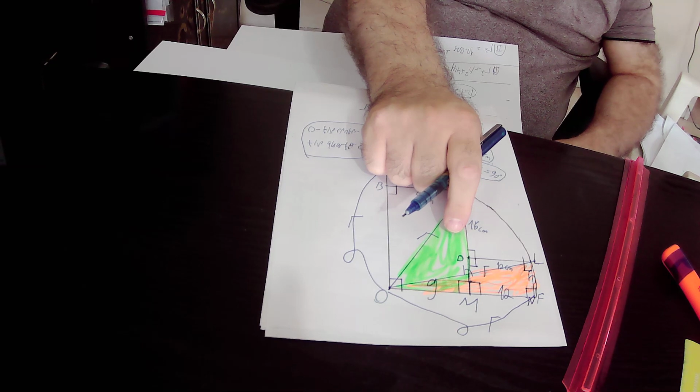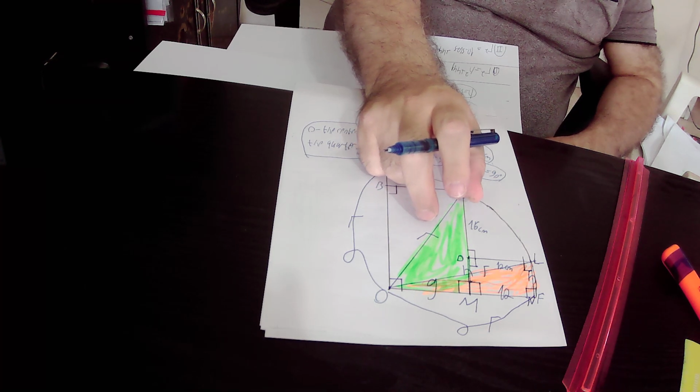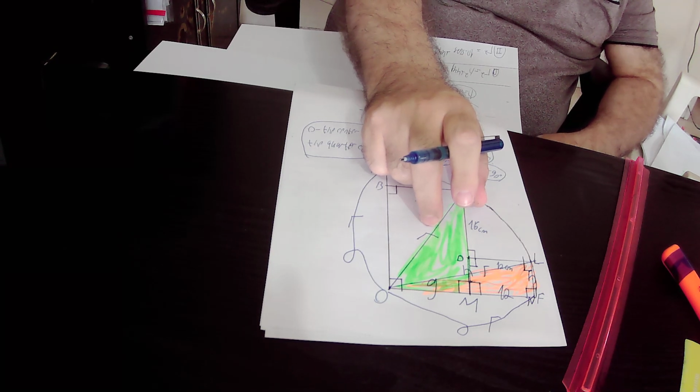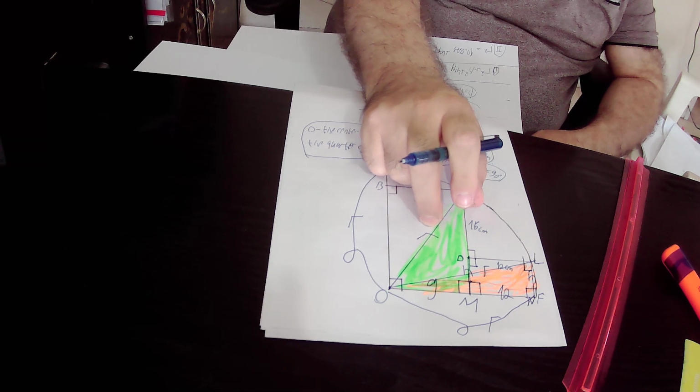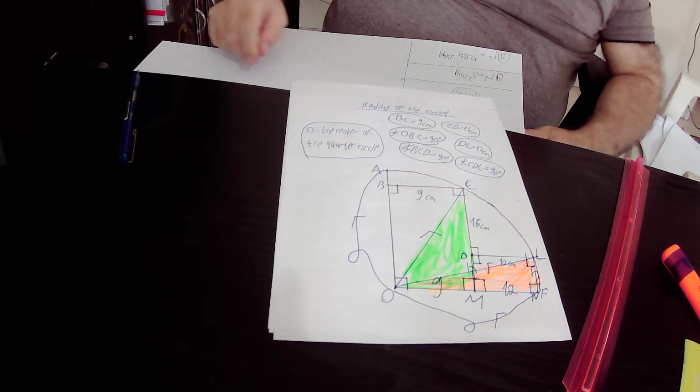So the difference between side ON and the radius OF is only 0.25 units. They are very close values. Okay, so we finished with the first question.